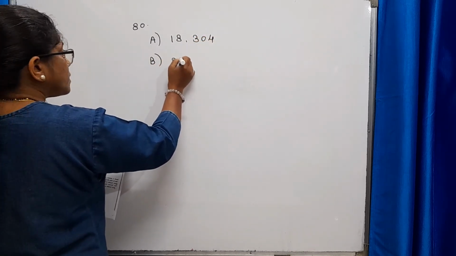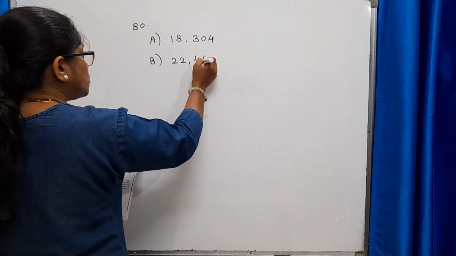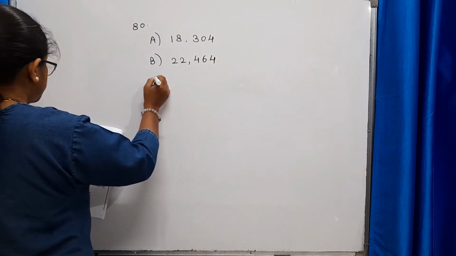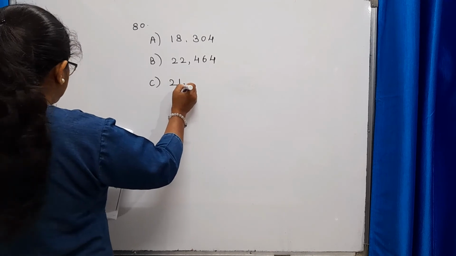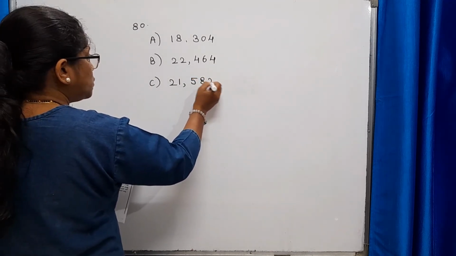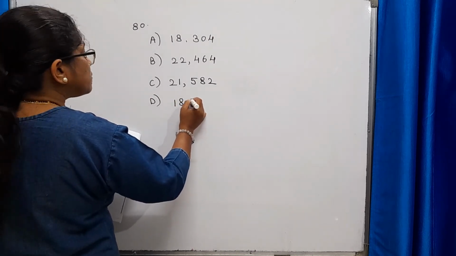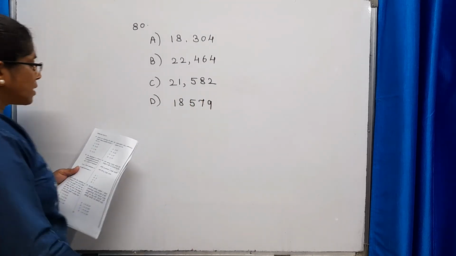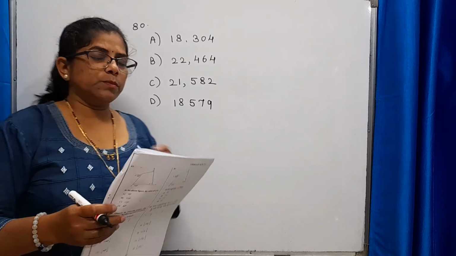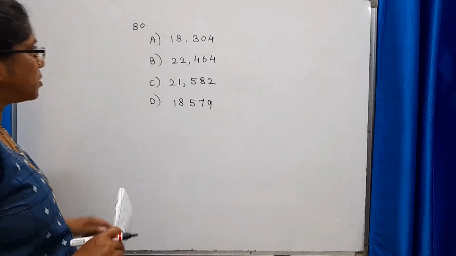Option B is 22,464. Option C is 21,582, and option D is 18,579. As they are asking for the least possible number, let's check from the least number.